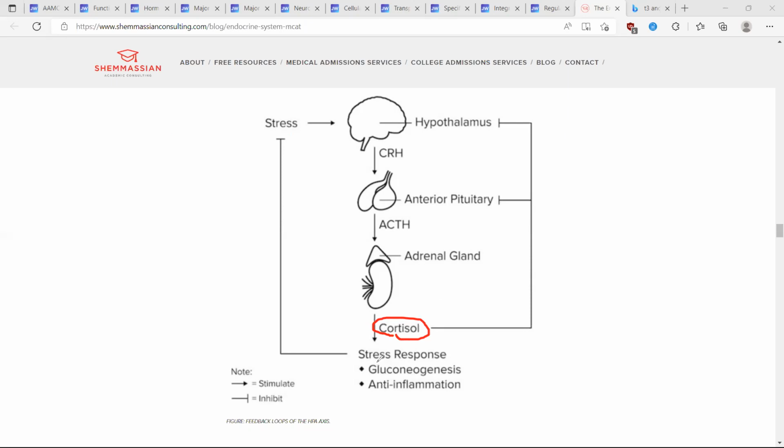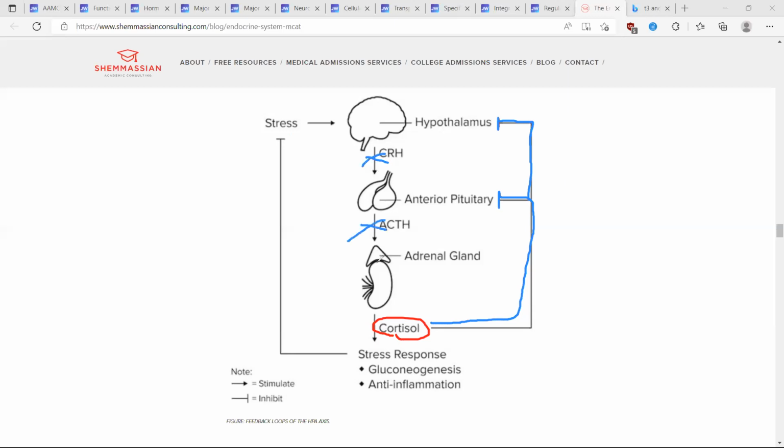Well, the cortisol itself has negative feedback. It performs negative feedback on the very glands that produced it. So this is essentially the cortisol telling the glands, hey, you produced enough of me already, you can stop. You can stop making more.